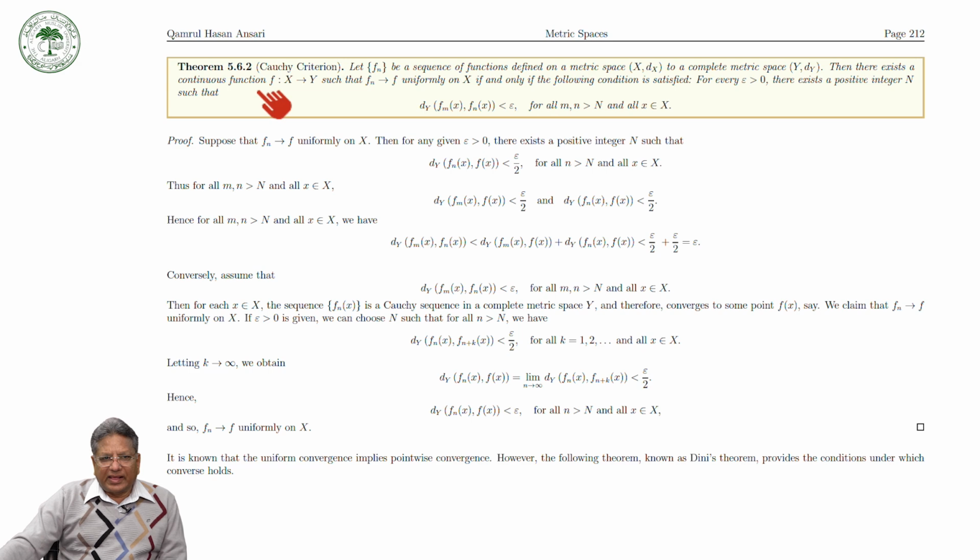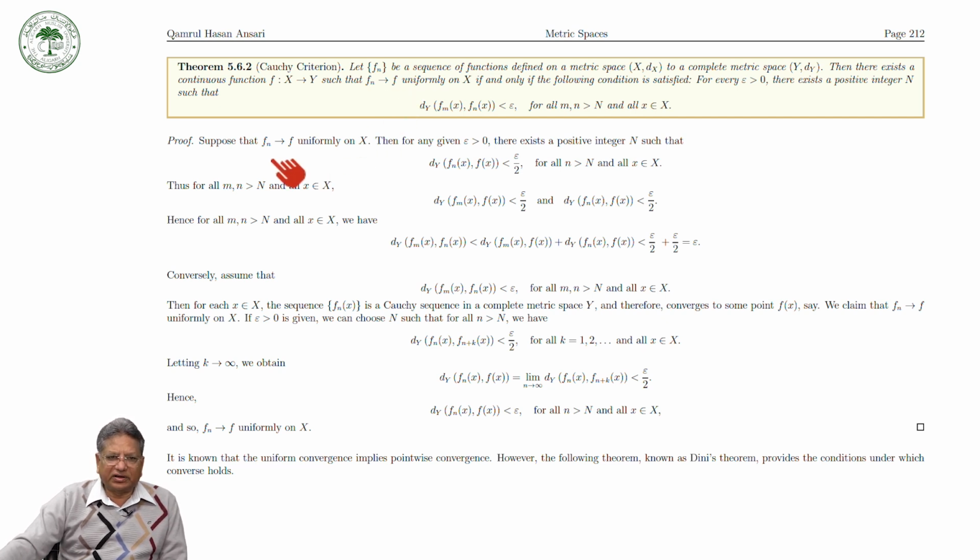So if Fn converges to F uniformly, then this condition holds good, and if this condition holds good, then Fn converges to F uniformly. This is known as the Cauchy criterion.